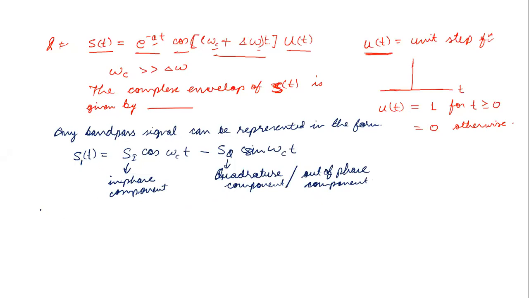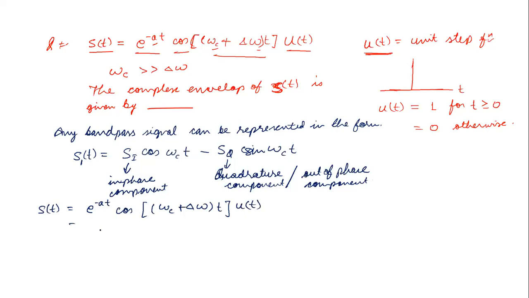So now s1(t) can be represented, as it is given, as e to the power minus at cos of (omega c plus del omega) t u(t).